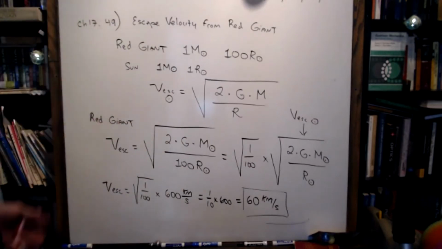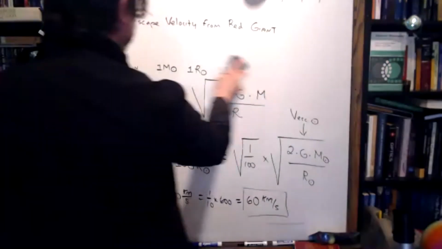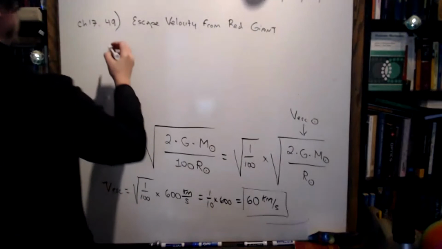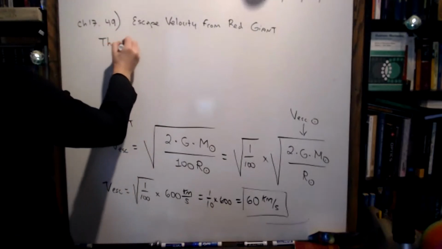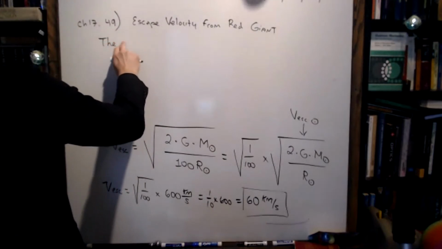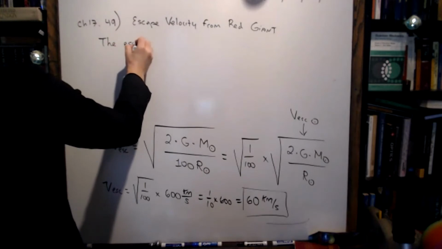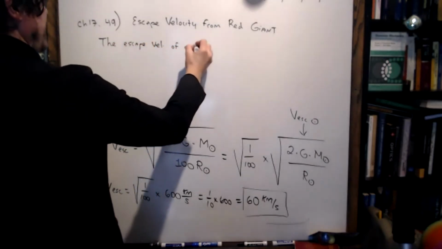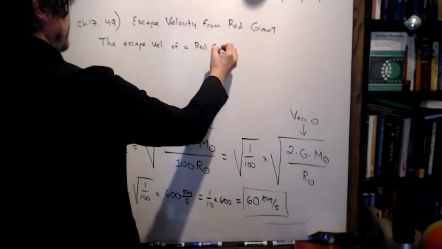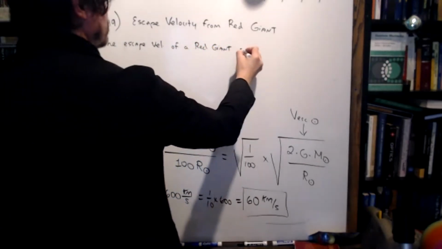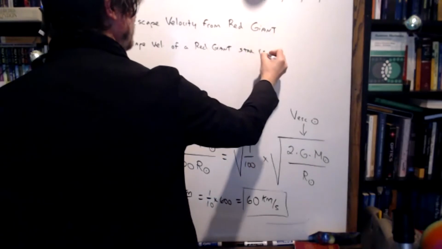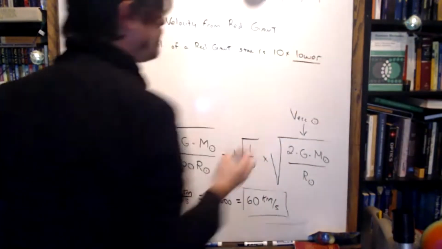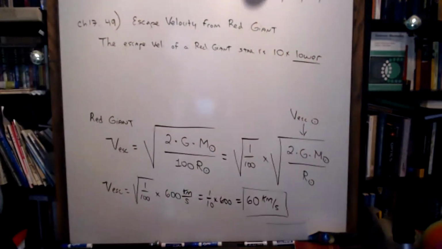Let's have a statement that sums up what we have learned. The escape velocity of a red giant star is 10 times lower, and we'll underscore the lower because that was the surprise.